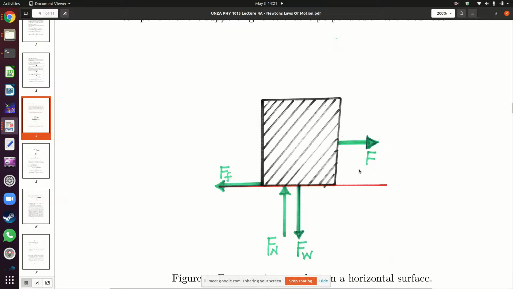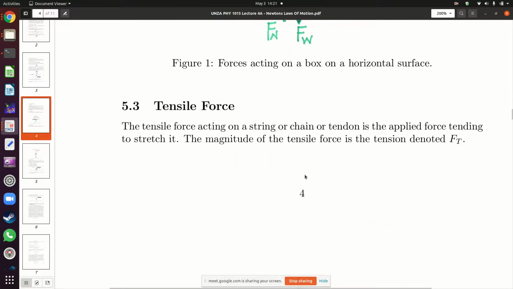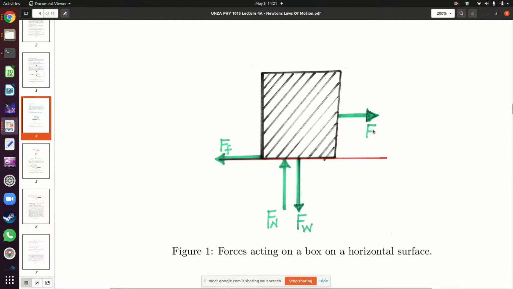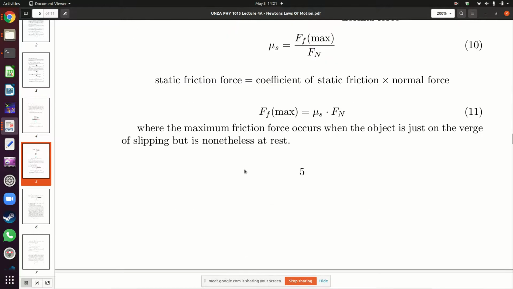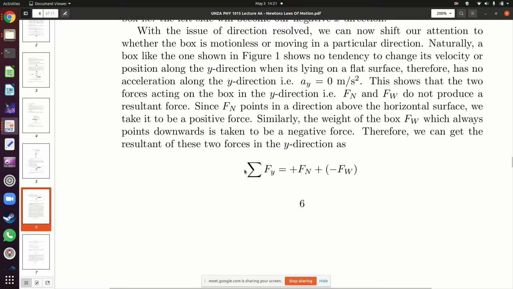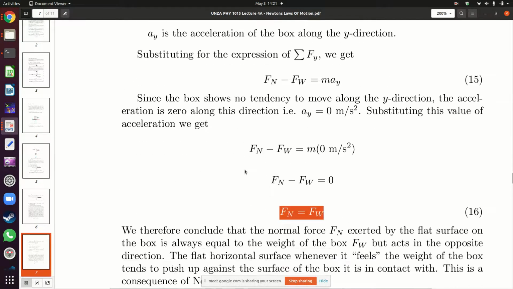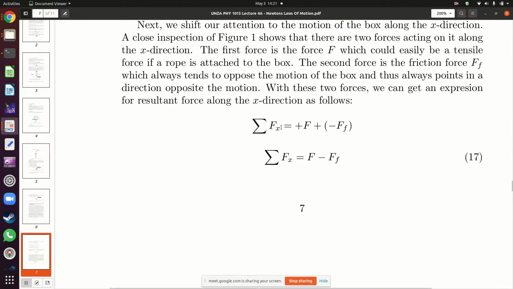So in this case, the pull force F will be positive, and the friction force is going to be negative. Using these two forces, F and F friction, we can find a resultant force along the x direction. Our resultant force Fx is equal to the pull force F plus the friction force, which is pointing in the opposite direction, so F plus minus F friction.